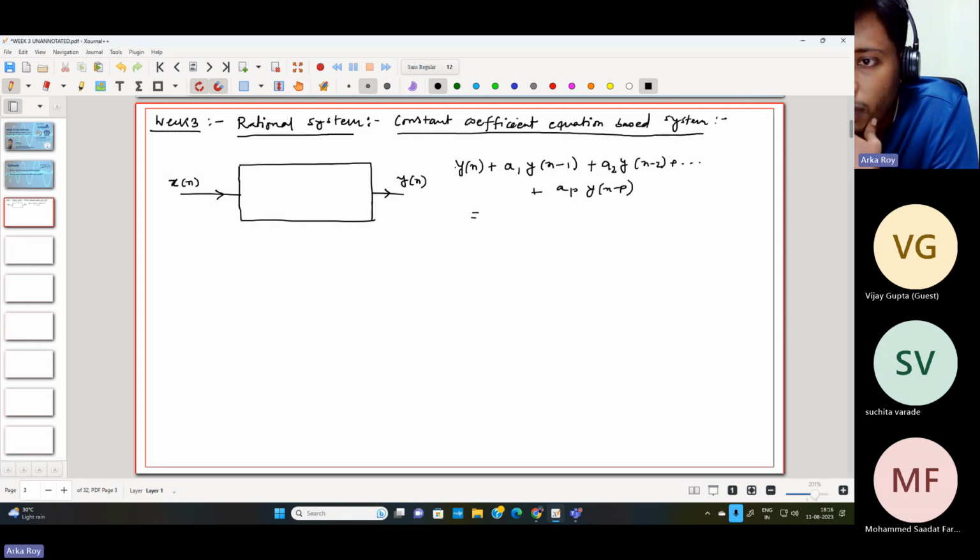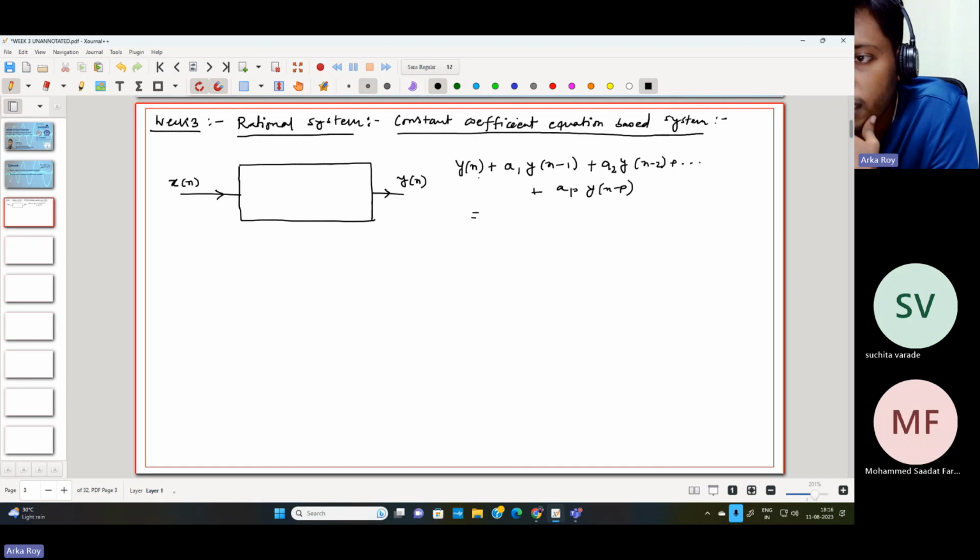And the output and the corresponding delayed versions of the output are basically related with the input and its delayed versions, which is equated as b0 x[n] + b1 x[n-1] + b2 x[n-2] + ... + bq x[n-q].